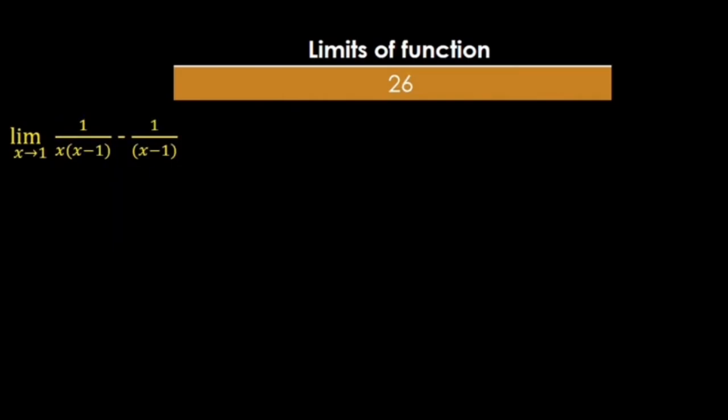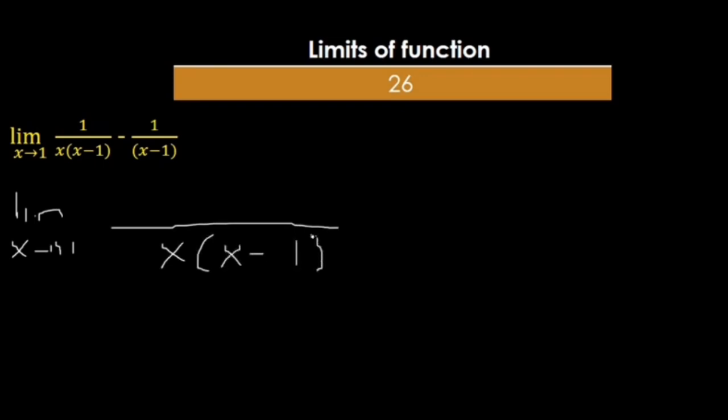To the next question. Here we just have to do the LCM of it. Okay, let's limit as x tends to 1 of what? x into x minus 1. This and this here will be 1. This and this minus x. Okay, we can rearrange this question. That will be equal to what?